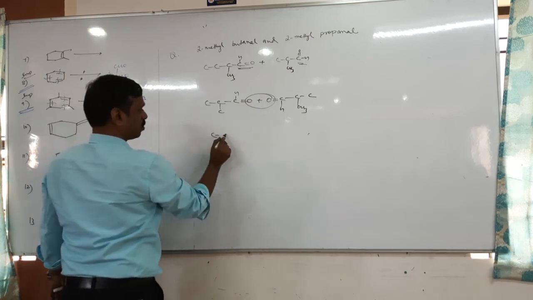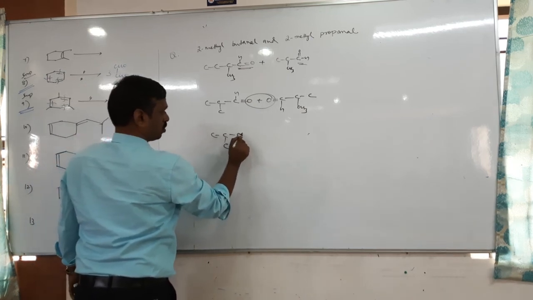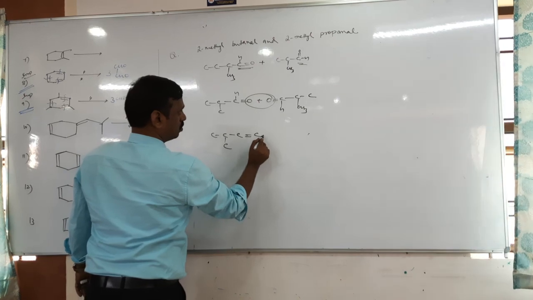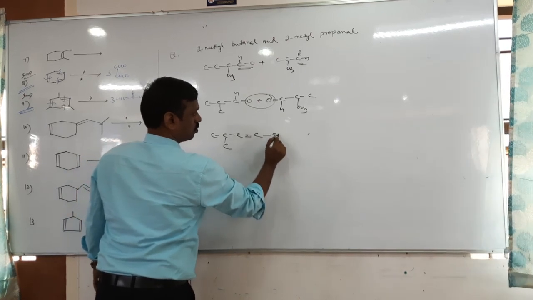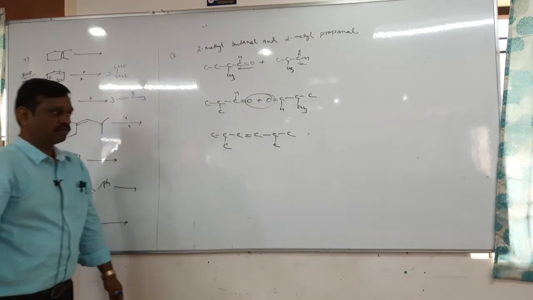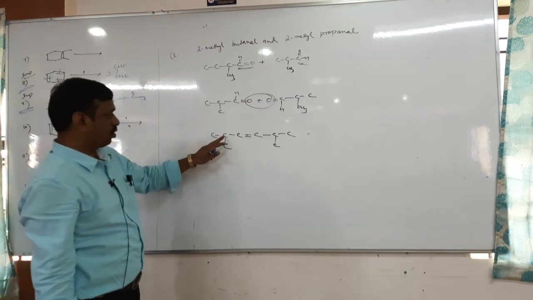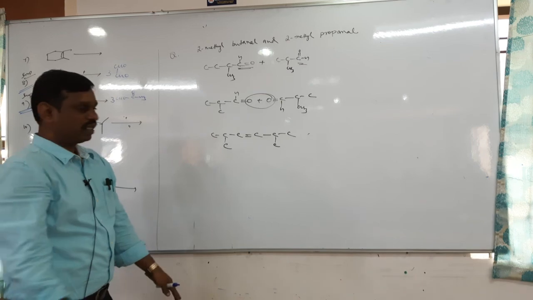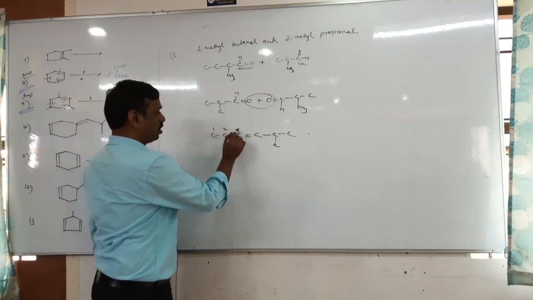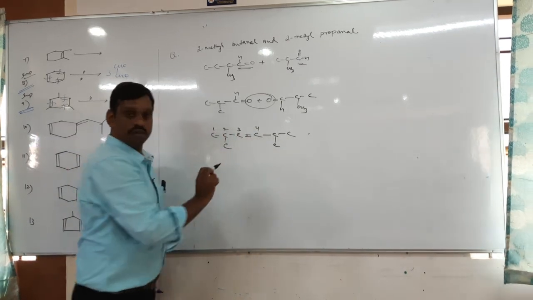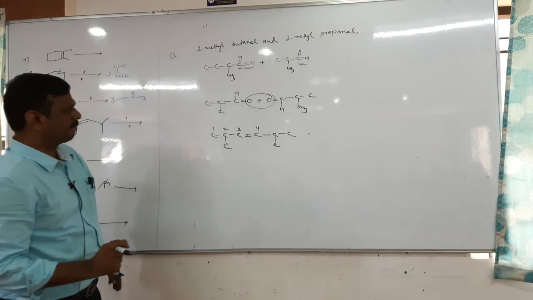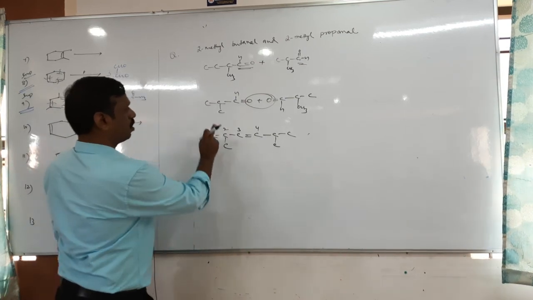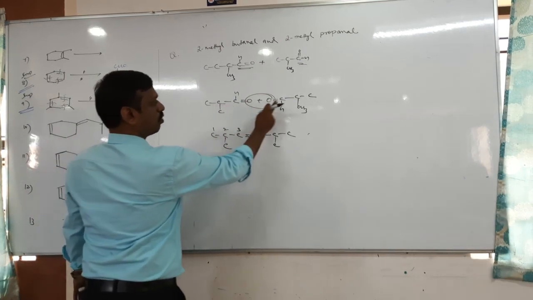Then tell me now. One, two, three. So the position of double bond is 1 2 3 4 5 6.